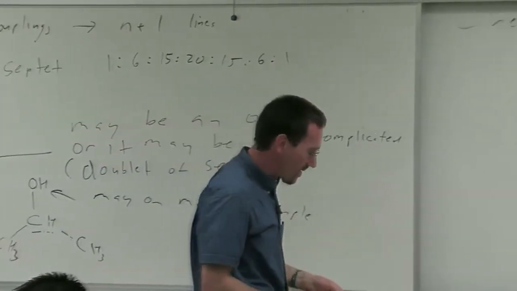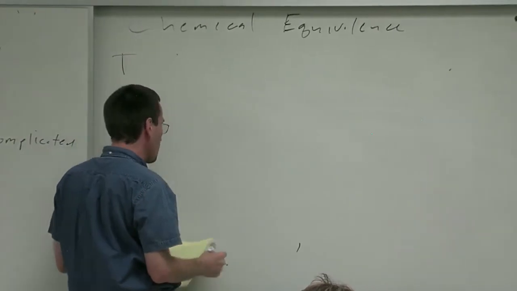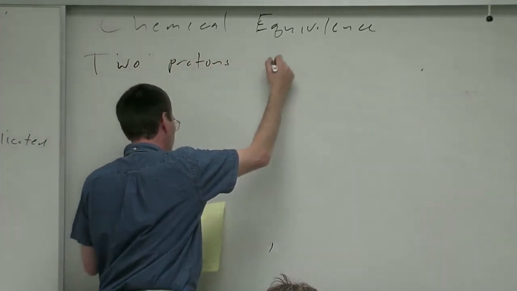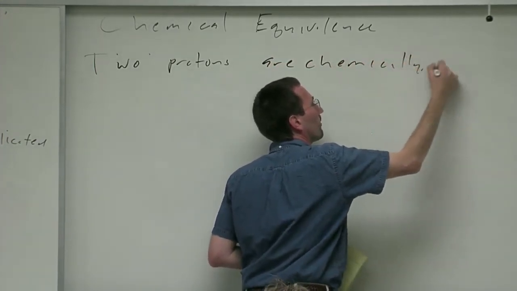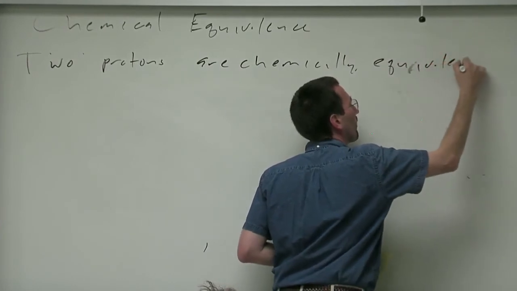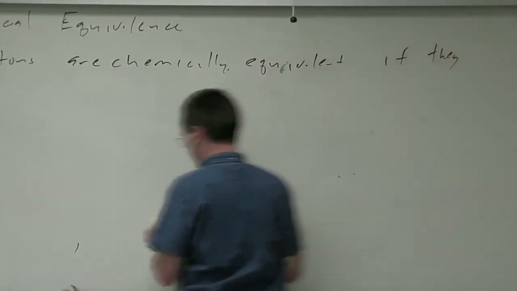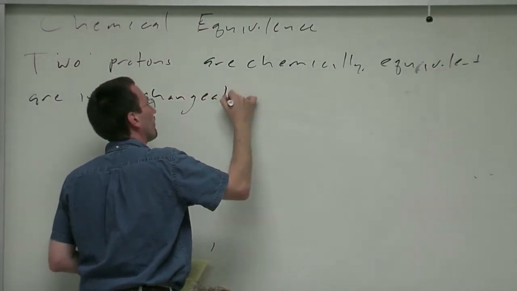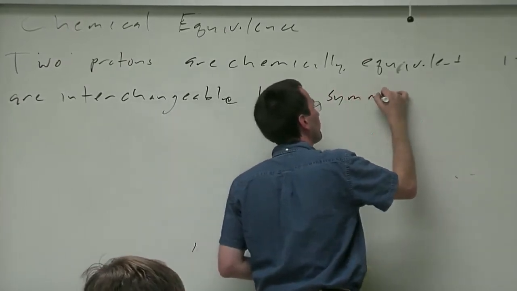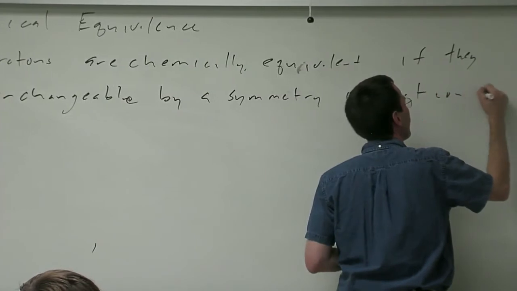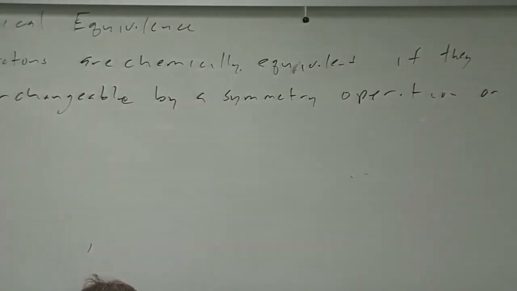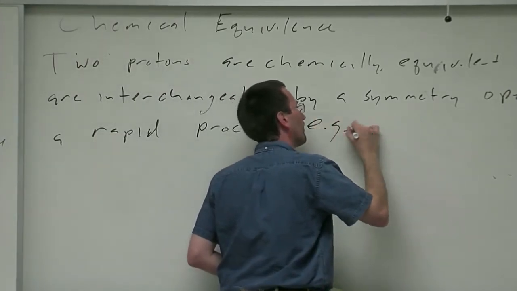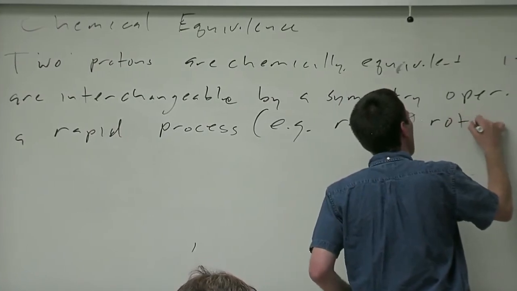Two protons are chemically equivalent if they can be exchanged by a symmetry operation or a rapid process, for example, rapid rotation about a bond.